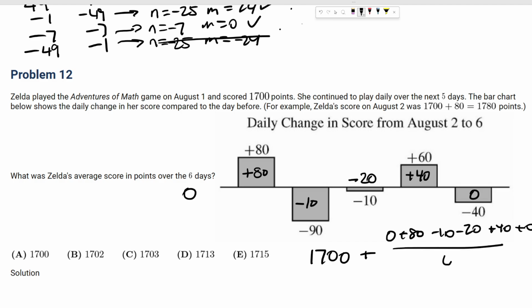What we're doing here is we're essentially just taking this 1700 out from on top of here, because on August 1st we had 1700 plus 0, then we had 1700 plus 80, then we had 1700 minus 10, and so on. And we took out the 6 times 1700 from the top and moved it over here to make this easier to calculate. If we add this up, we get 1715. All right, cool.